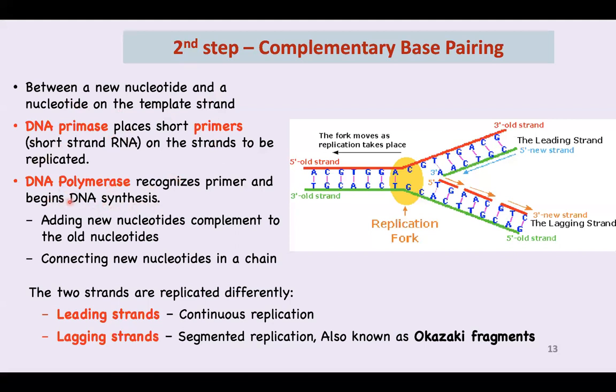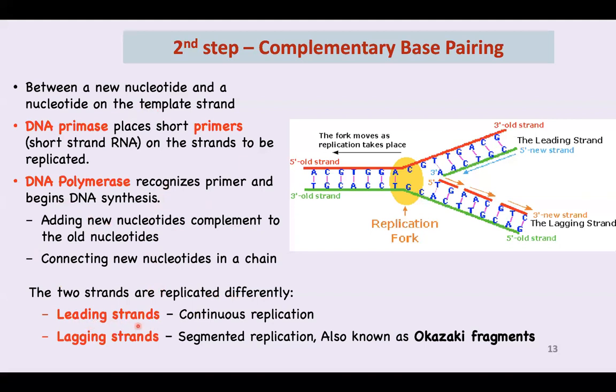Okay, dia macam mana dia buat DNA synthesis ni is by adding new nucleotide complement to the old nucleotide. Okay, they connect new nucleotide in a chain. Maksudnya daripada tadi dia recognize the template strand, and then they add new nucleotides onto the strand. So there are 2 strands that are replicated differently.